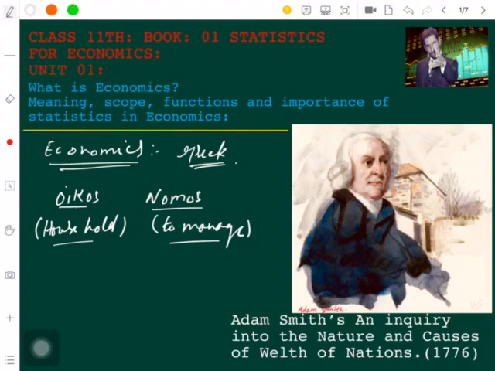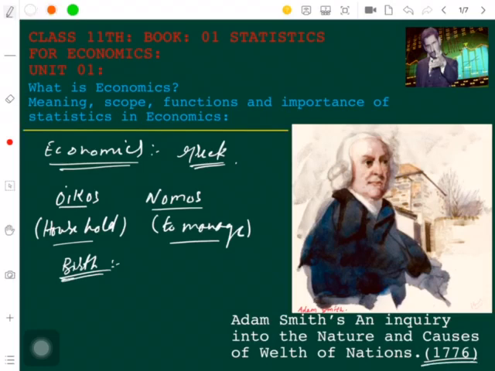If we go to the birth of economics, the word economics and the birth of present day economics dates back to 1776.